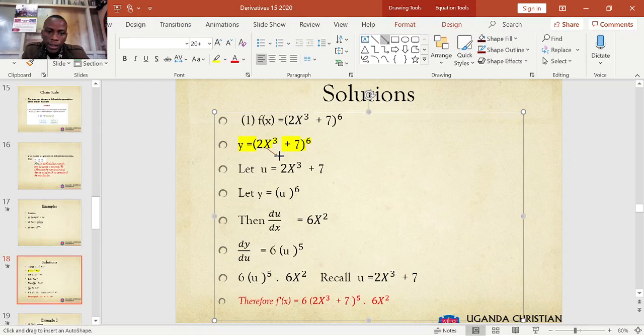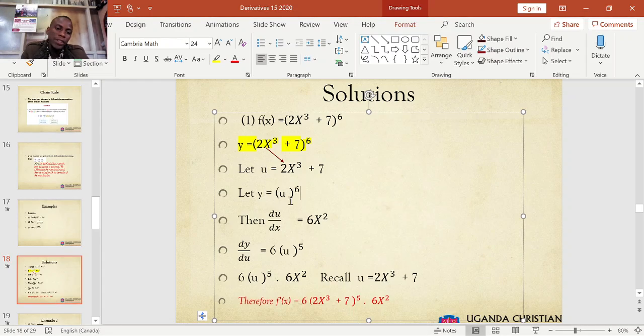The inner function is u, and the outer function, which is this inner function in brackets to the power 6, is our y. So now this entire thing is the outer function. But recall the outer function has a u inside, so keep the u inside. So we are letting this be our outer function.